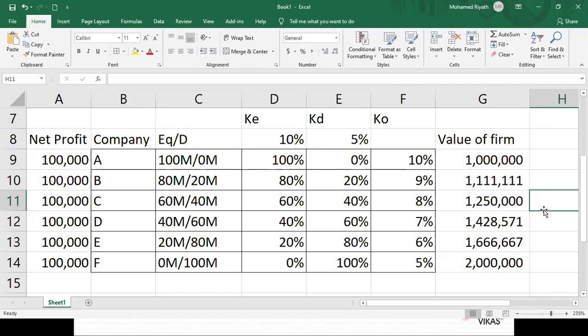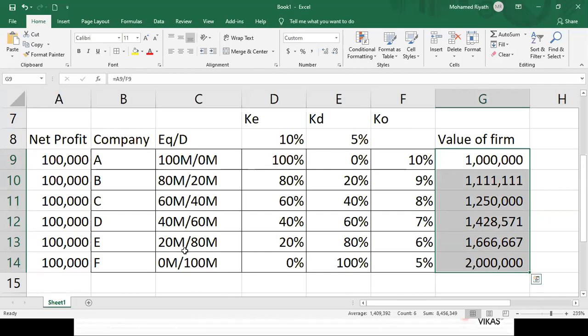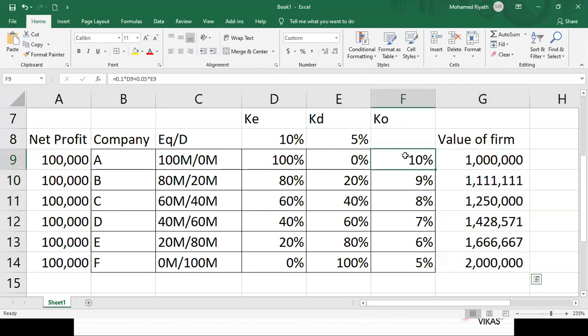So what is the ultimate objective of the firm? Need to optimize the value of the firm, or reduce the value of the firm? So a good company has to increase the value of the firm. Have to increase. So this increase arises due to what? Here the value of the firm is determined by two things. The first thing is net profit.